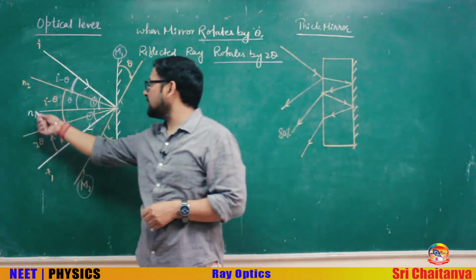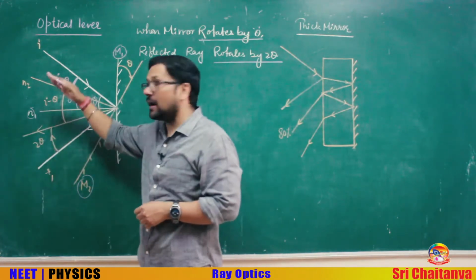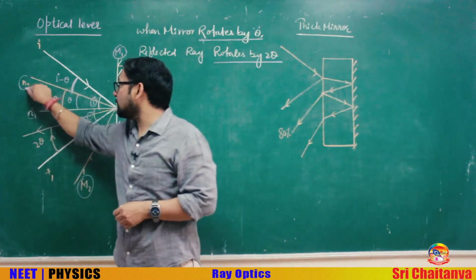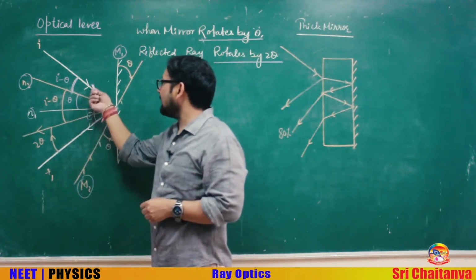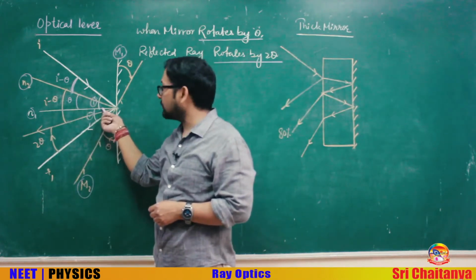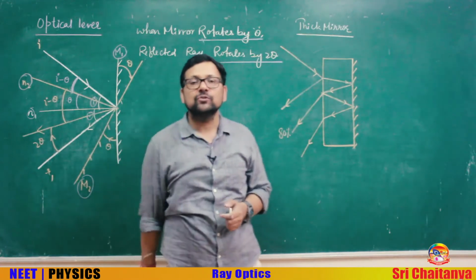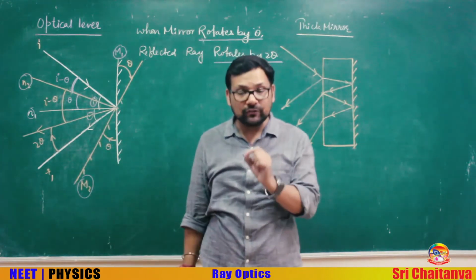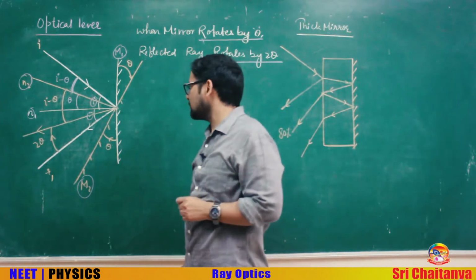So this was the initial normal, but when the mirror becomes like this, the normal also shifts upward, and N2 is the final normal. So the incident ray's angle with that normal, which was initially i, is now i minus theta. So the incidence angle becomes lesser. So obviously, according to the law of reflection, the reflection angle will also be i minus theta, the smaller one.